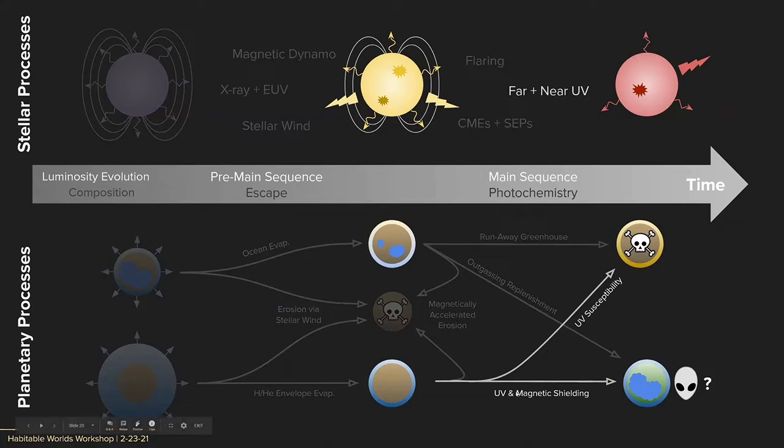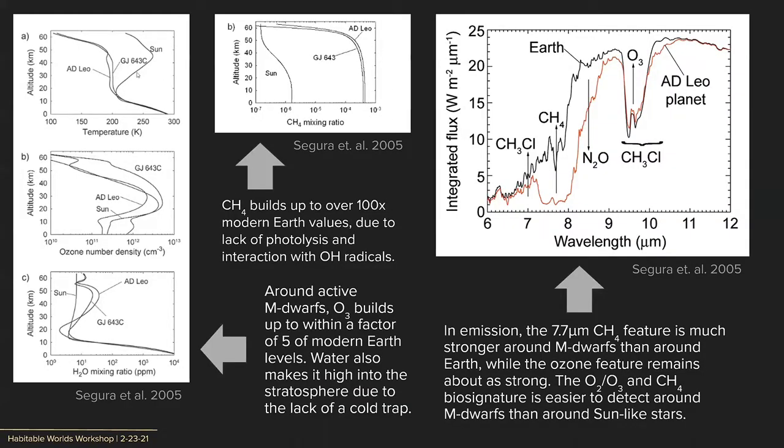So if the planet is able to self-shield from the strong UV radiation, it's more likely to be habitable. You're more likely to be able to form organic molecules. If the planet's not able to do that, it's pretty likely that even though you have an atmosphere and it may be temperate, you may end up with a planet that is completely devoid of life. So how exactly does this work?